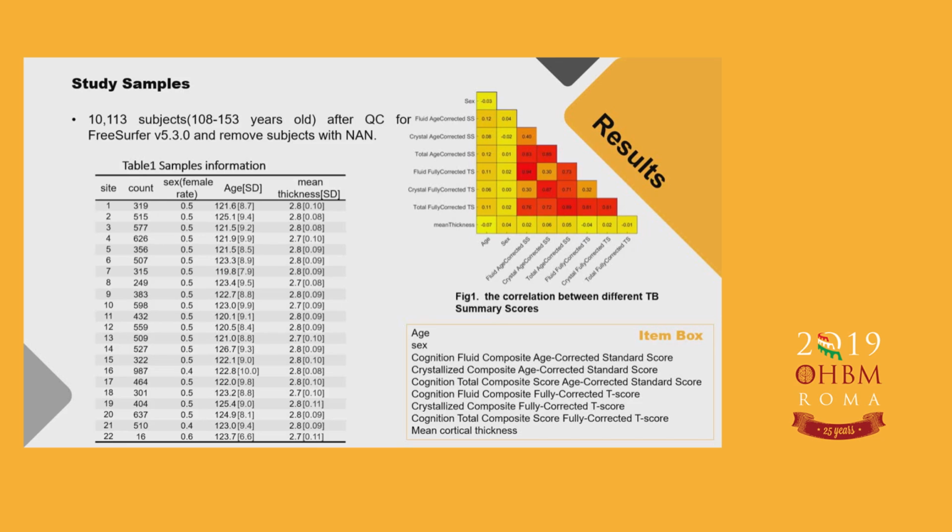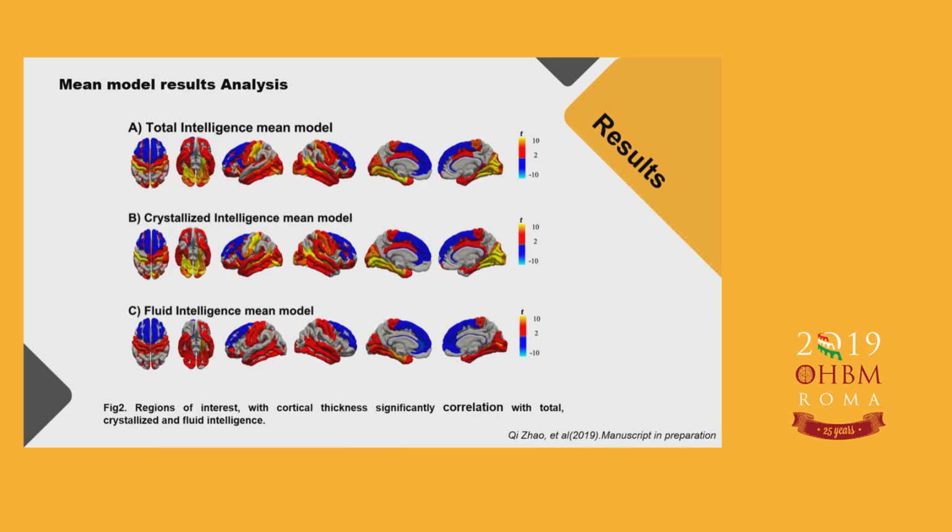Here are our results. In the mean model, we found that crystallized intelligence is more associated with cortical thickness than fluid intelligence. Some frontal, temporal, and parietal regions, especially orbital regions, gyrus, and central, postcentral gyrus and sulcus, are positively associated with intelligence.